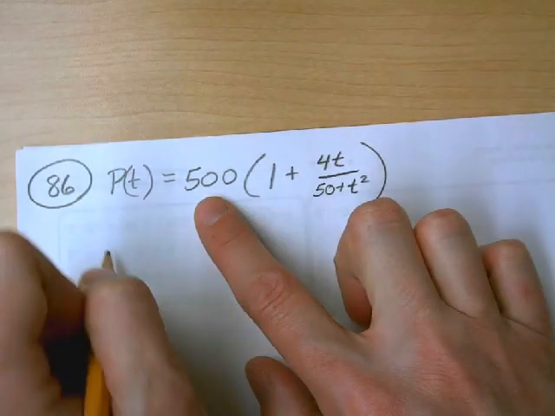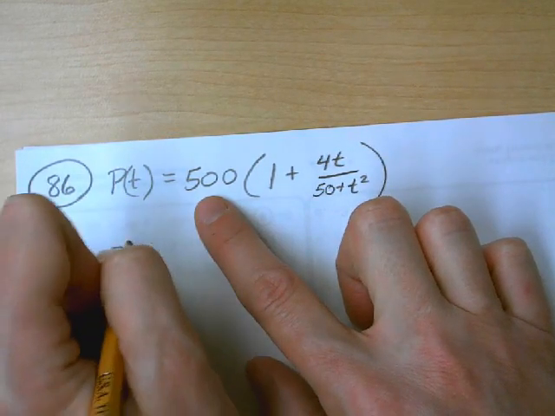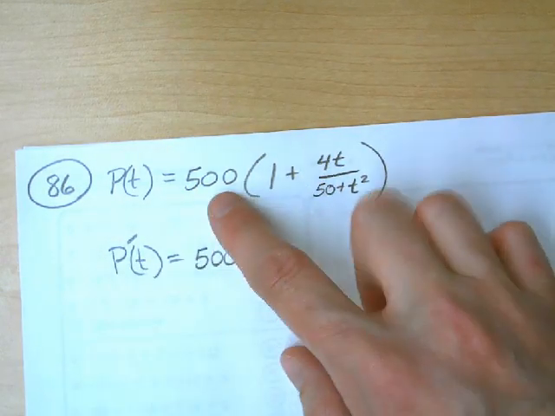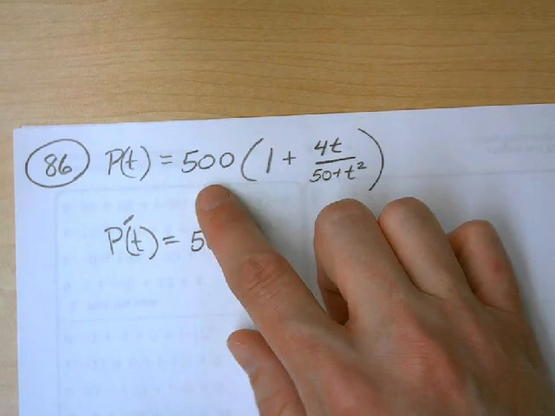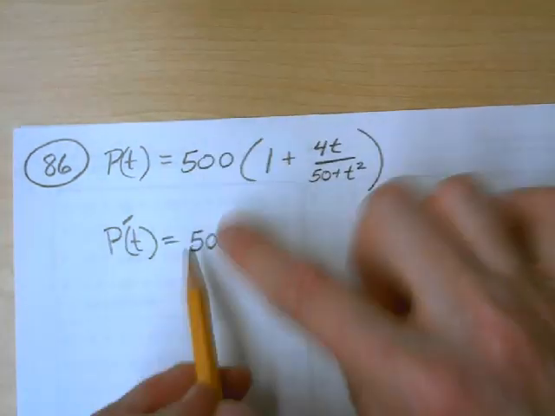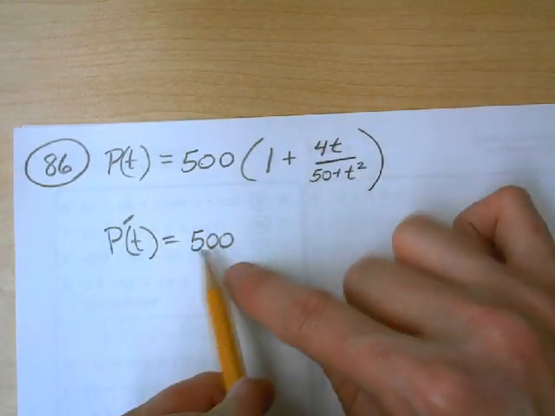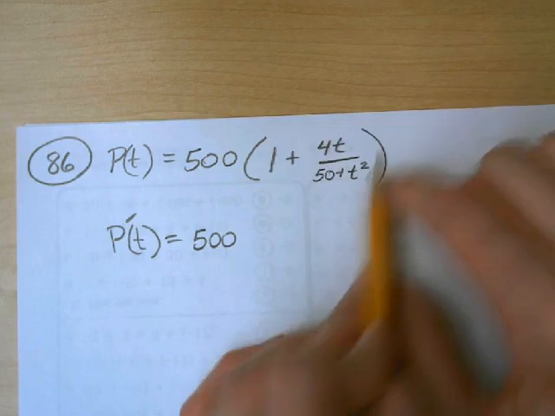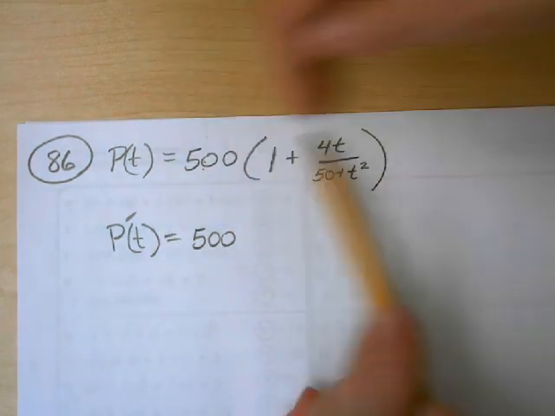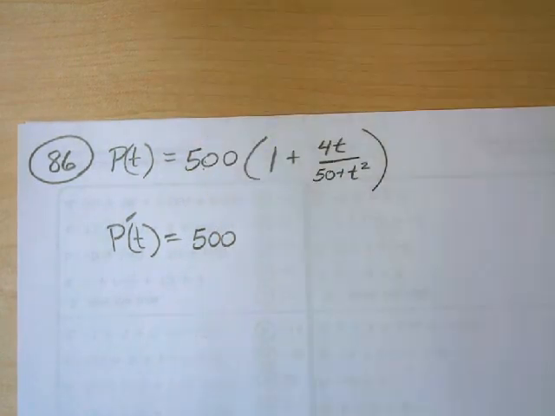You can't just plug in 2 into that equation. You have to find the derivative first because they want a rate of change of this population. The 500 in front you can just leave there, because earlier in the chapter they said if you have a constant times some function, you can do constant times the derivative of the function. It's really the same as product rule, first times the derivative of the second plus the second times the derivative of the first, but the derivative of 1 is 0, so you don't have the second part.